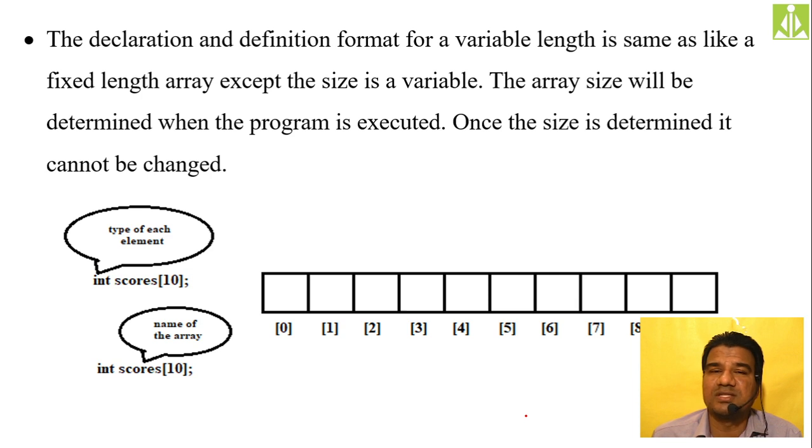Once the array size is set, it cannot be modified. Even if you try to modify it, you have to destroy the current array and create another array. The reason is the nature of your array: all your array elements are contiguous. Contiguous means one after the other.